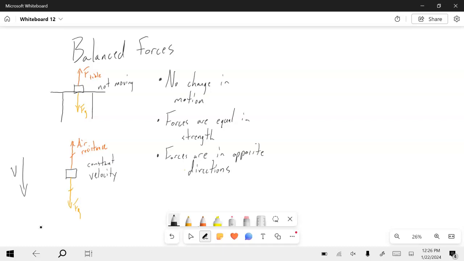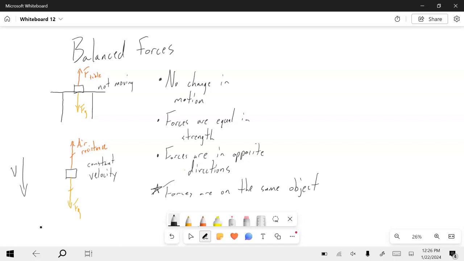Okay, and then, oh my goodness, I'm going to go ahead and put like a star on this next one. Drum roll, please. Forces that are balanced are on the same object.